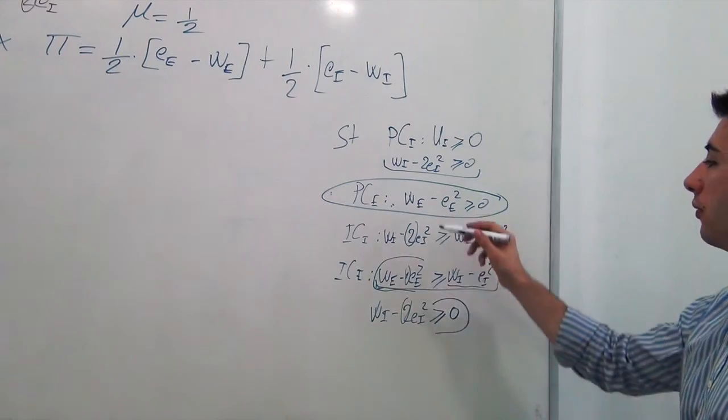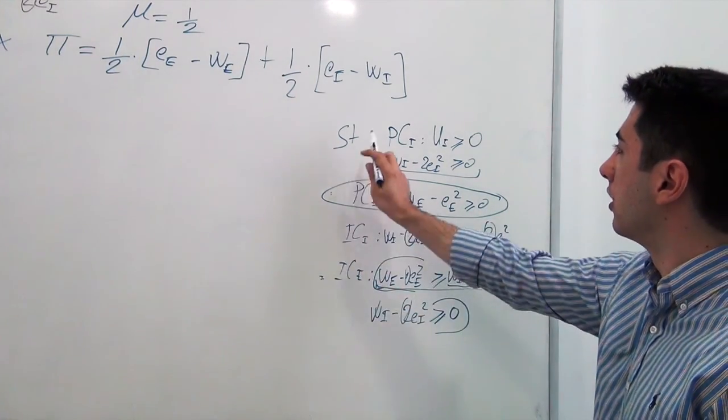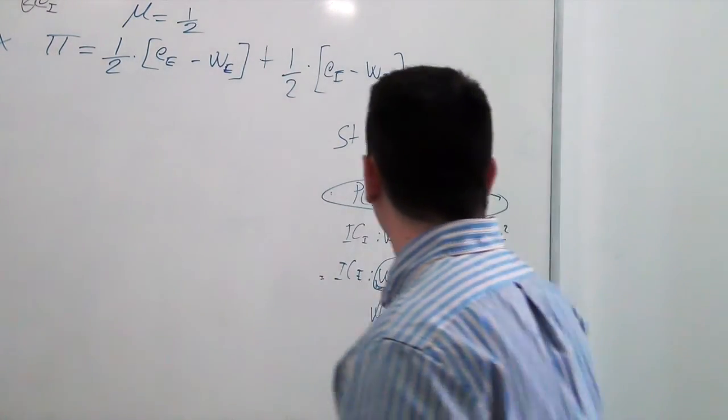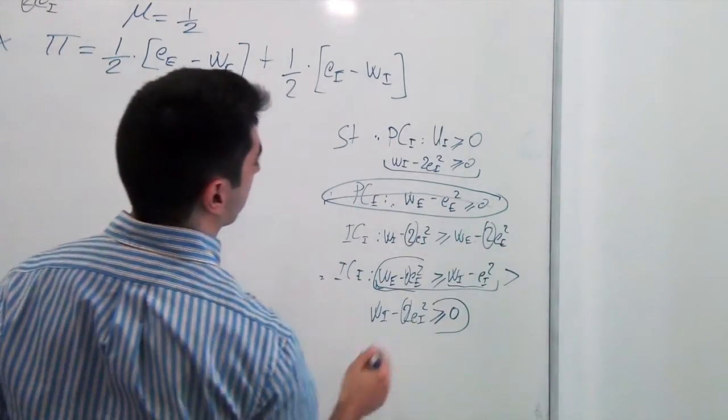So it is redundant if this and this are satisfied. So we can cross this one out.